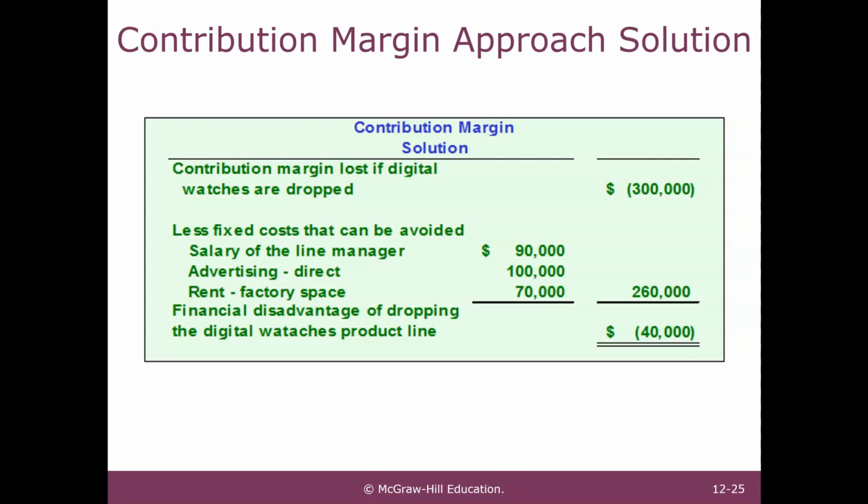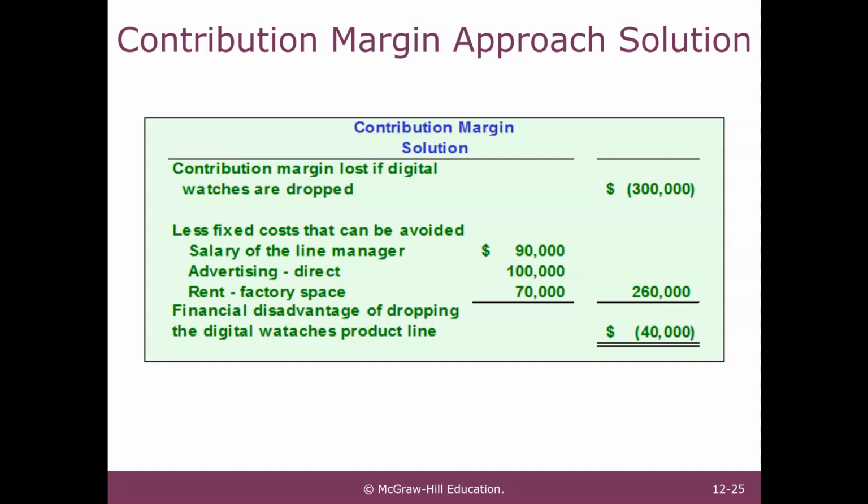If you're looking at it through the contribution margin solution, you want to look at the differential cost here. Let's start with the contribution margin that would be lost if you dropped the line. They had a contribution margin of $300,000. If they dropped this product line, they would not have that contribution margin anymore. That's why it's a negative $300,000. Then the fixed costs that can be avoided add up to $260,000.